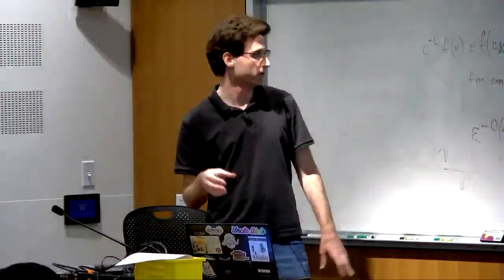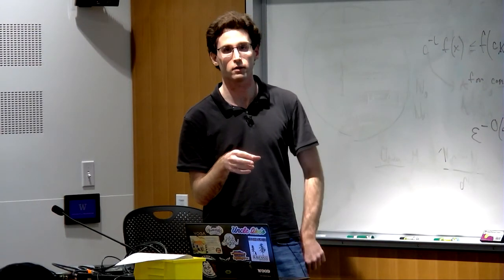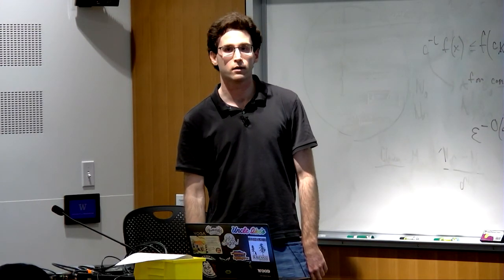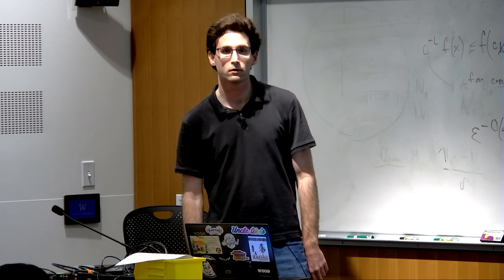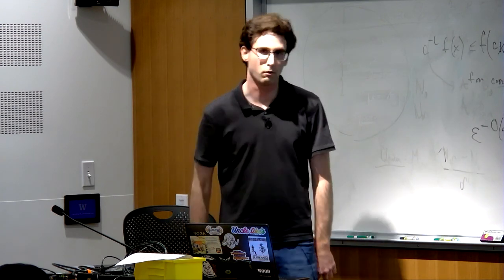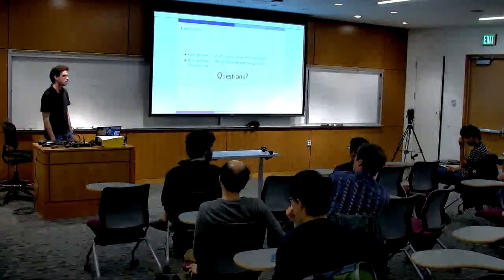The point is that you can sparsify the graph in n to the 1 plus little o of 1 time for functions f that are multiplicatively Lipschitz. You can talk more offline about it if you want.